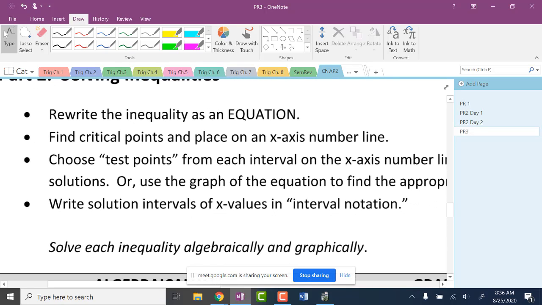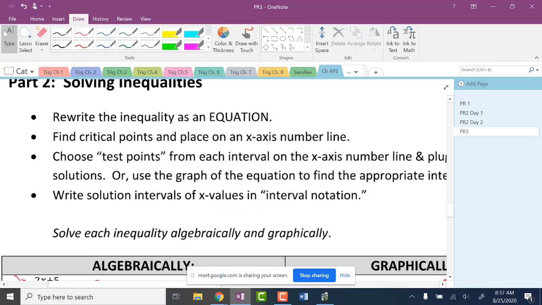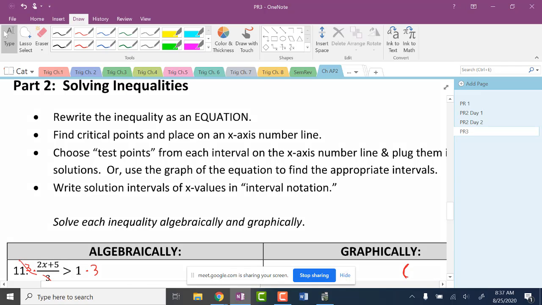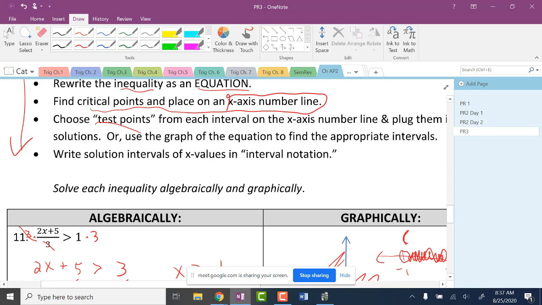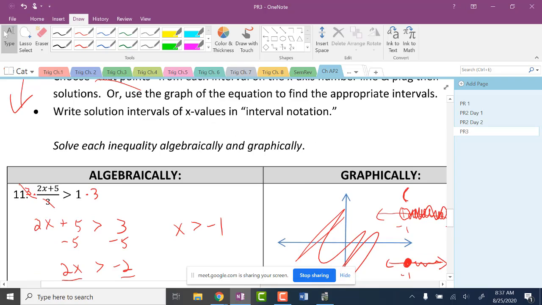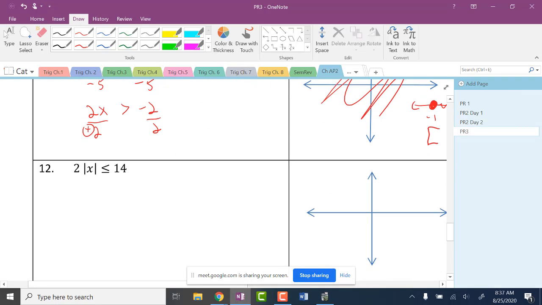And then when we get to chapter 2 and do inequalities again, it's going to be the same process here. We ignore the inequality and write it as an equation first. Then we're going to find the critical points and put them on an x-axis number line. And then we're going to test which ones are the correct ones through plug and chug. So please pay attention to that.